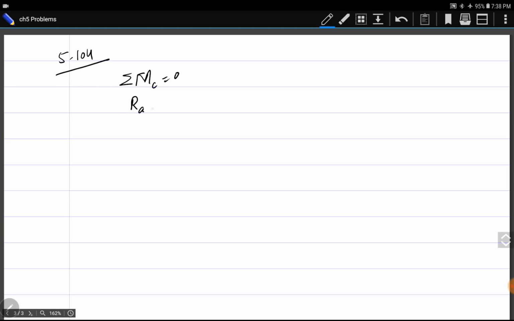RA into 2A, its distance, plus P into 2A, plus P into A, minus PA and minus PA is equal to 0.